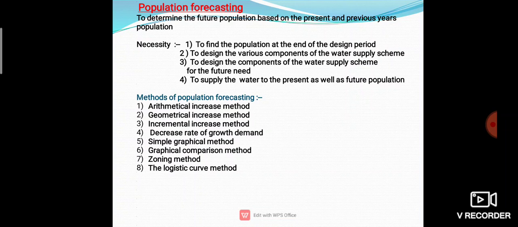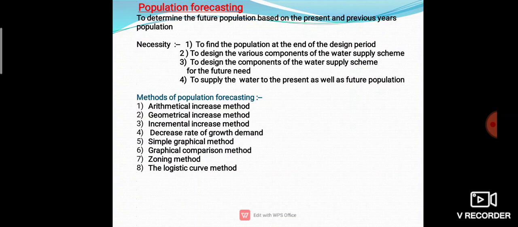That's why we design any type of structure, any type of component in public health engineering according to the population after 10 years, not for the present population. We design any component for the future population. That's why we have to learn about population forecasting, and calculate the population in the next nth years.